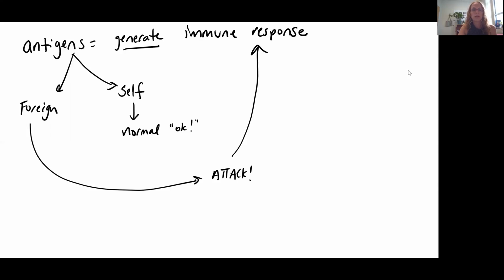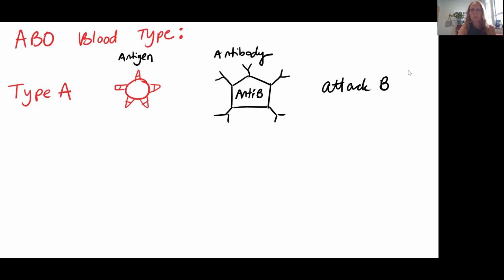When we are looking at our ABO blood type, we will see both the discussion of antigens and antibodies. Now, the key thing to remember is that in ABO blood typing, both the antigen on the red blood cell and the antibody are an innate part of your genetic inheritance.